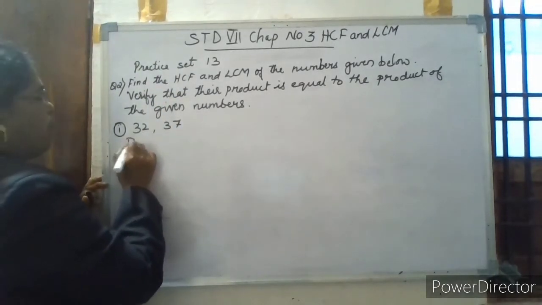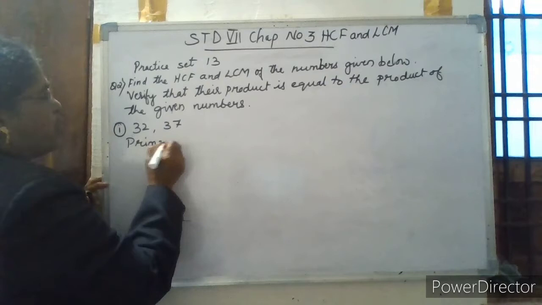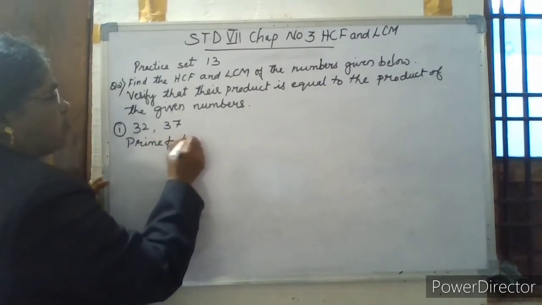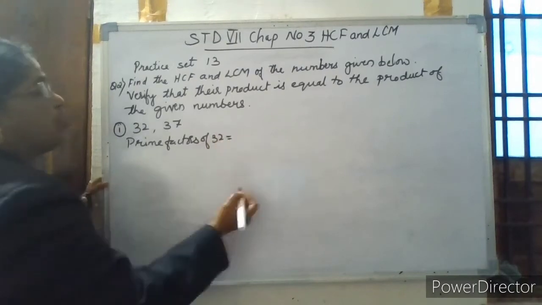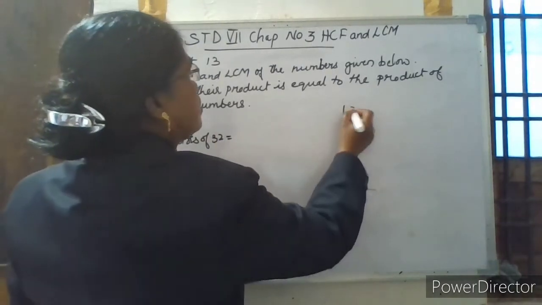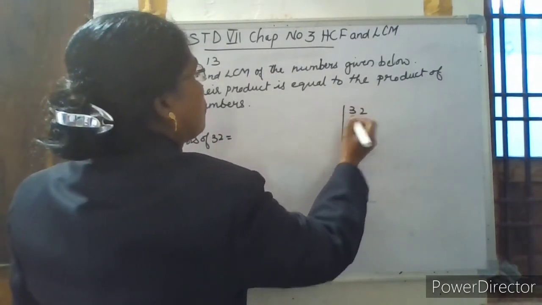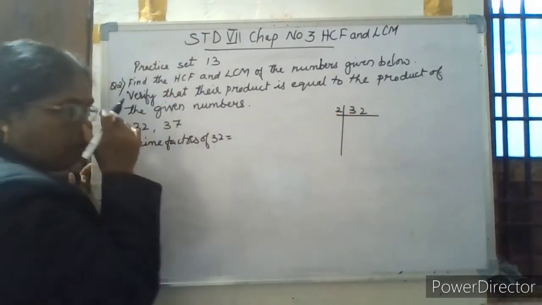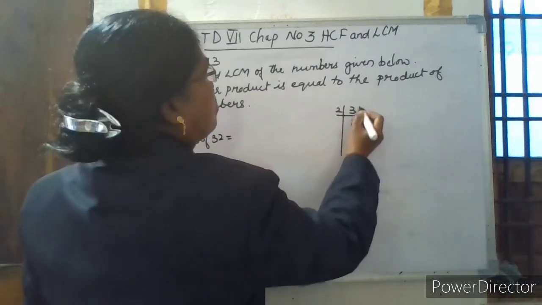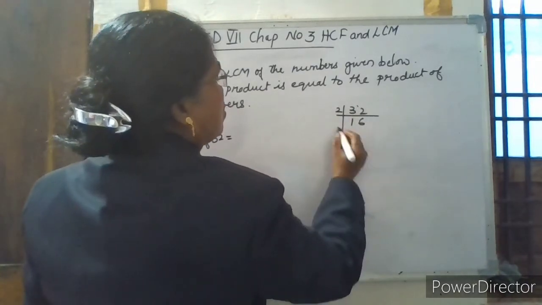So prime factors of 32 is equal to, you have already learned to find HCF and LCM. It is an even number, divisible by 2. 2 1 is 2, 2 6 is 12.